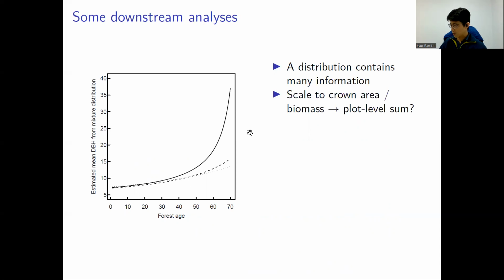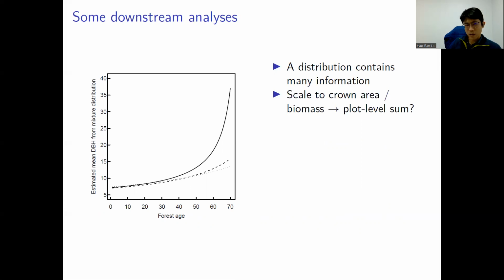Perhaps more useful is to scale diameter to crown area or biomass using some allometry equation. Because once you've done that, you can take the sum under the area of the distribution of biomass. Then you get a plot-level sum that may allow you to look at or simulate change in biomass across successional age under different rainfall regimes.